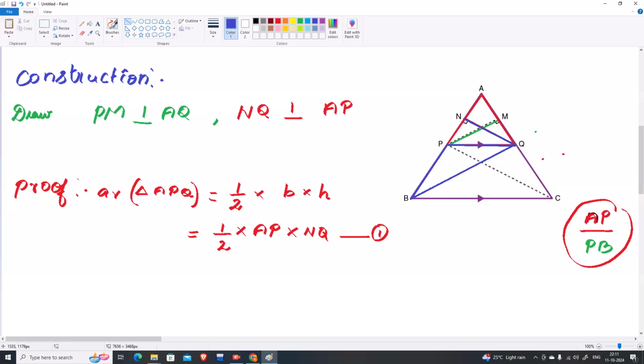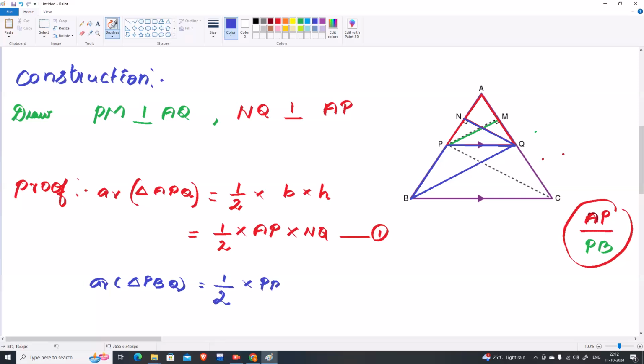It is not necessary that the height of a triangle is always inside the triangle; it may also be outside. So in triangle PBQ we find the area, which is half into the base.